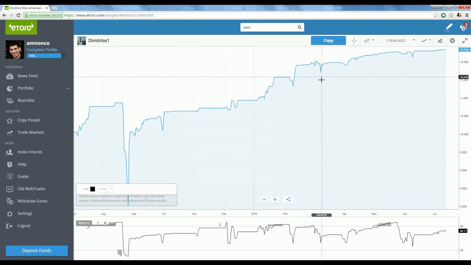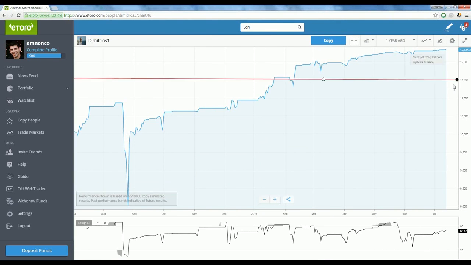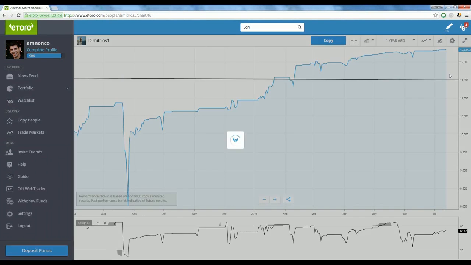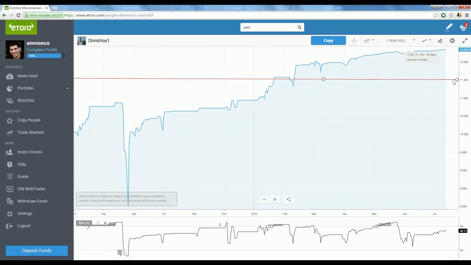Let's say the stop loss should be here or here. Then if you look at the chart while you're copying him, you don't have to calculate all the numbers. You'll just see that it reaches this line and you can stop copying. So you can use the chart either way.